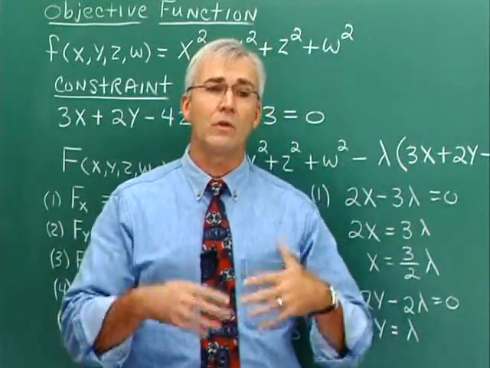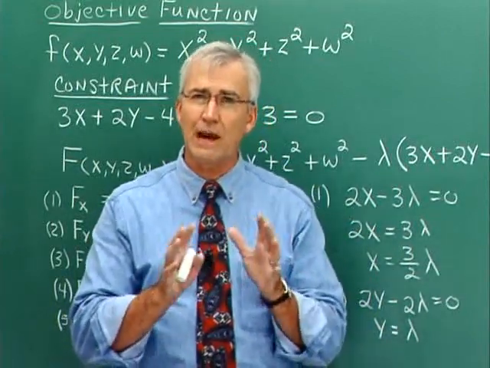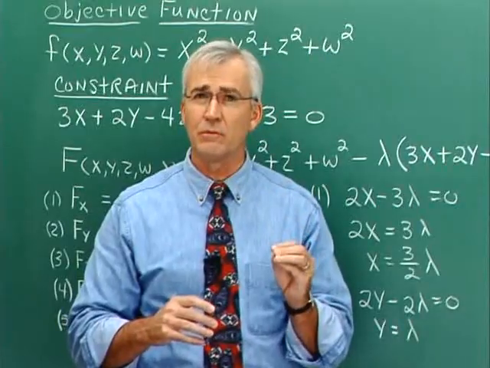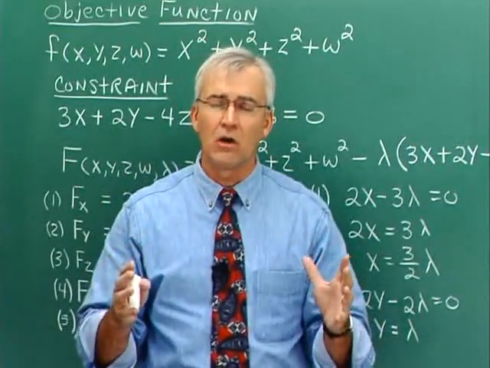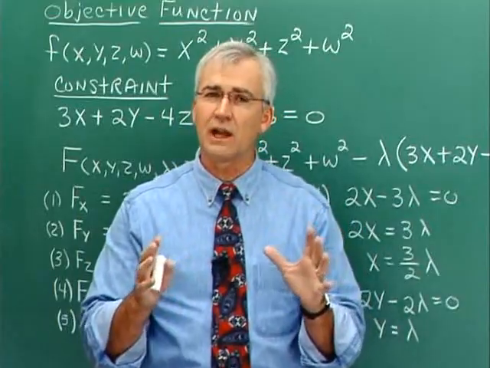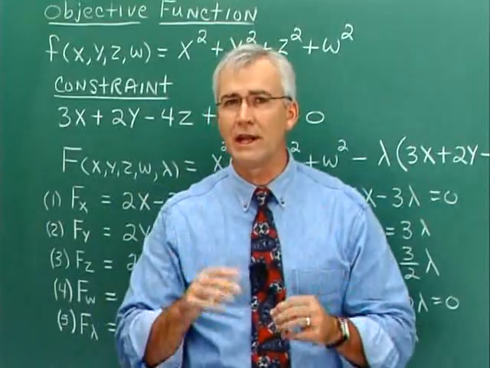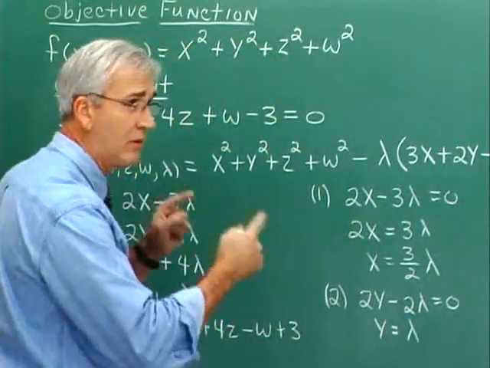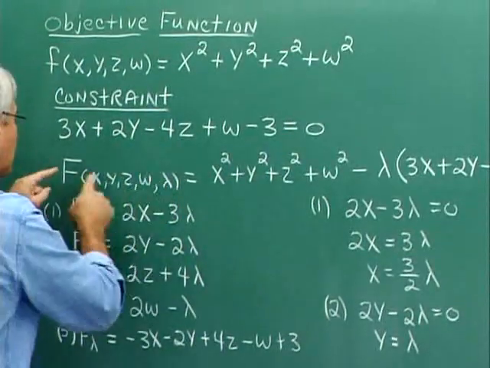Well, we know that we have a maximum because that's what we were looking for. It doesn't make sense in that problem to have a minimum volume, because we could have another rectangular solid that would give us a very, very tiny volume. At any rate, it's the context of the problem that tells us whether it's a max or a min. Here we're looking for a minimum.